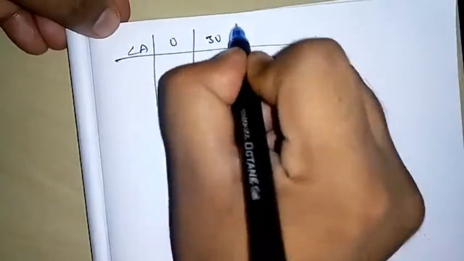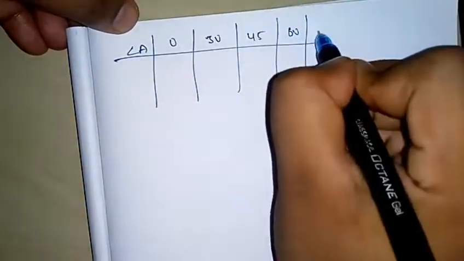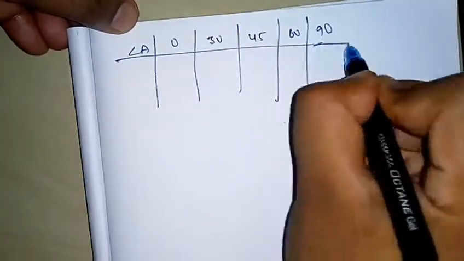Now let's form a table. This is angle A and this is 0 degrees, 30 degrees, 45, 60, 90.